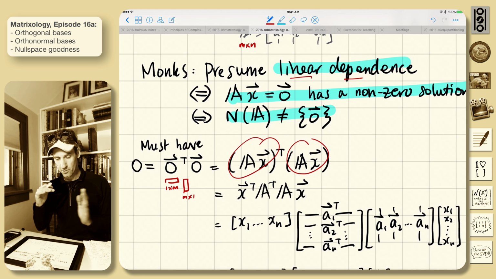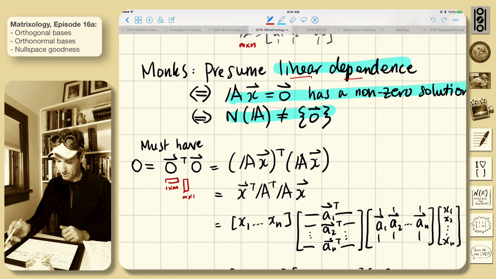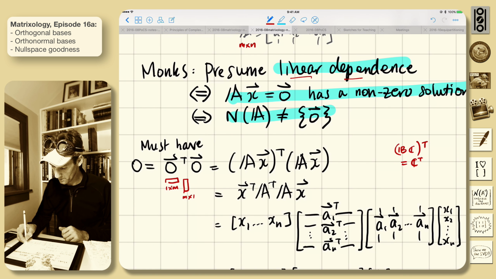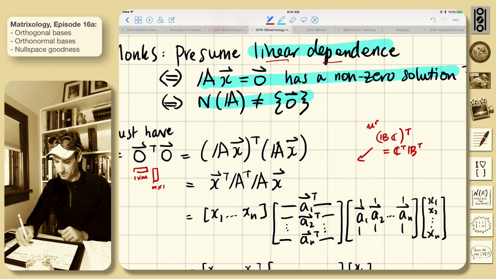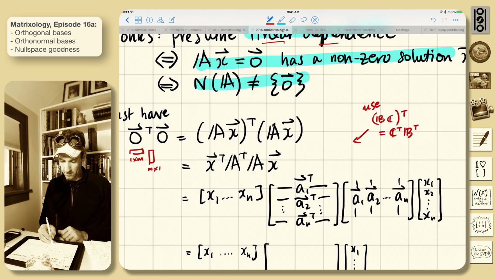So it's blob transpose blob. We know that (BC) transpose equals C transpose B transpose. Beautiful thing. We're going to use that. So this piece goes to here, the x, and it gets a transpose. A goes to here and gets a transpose.